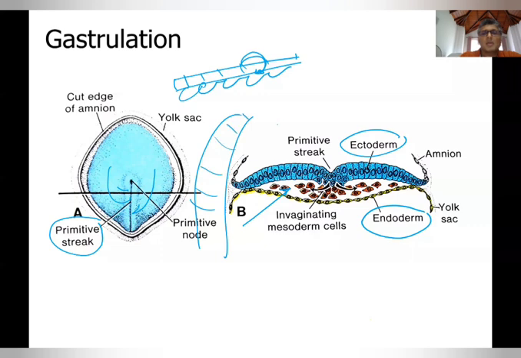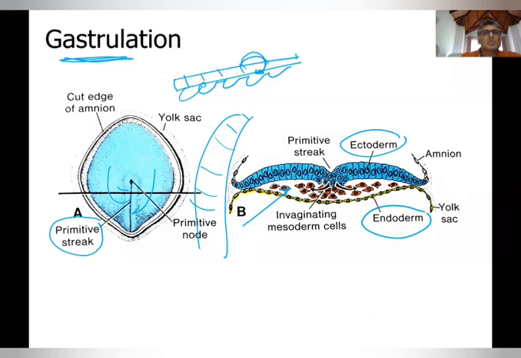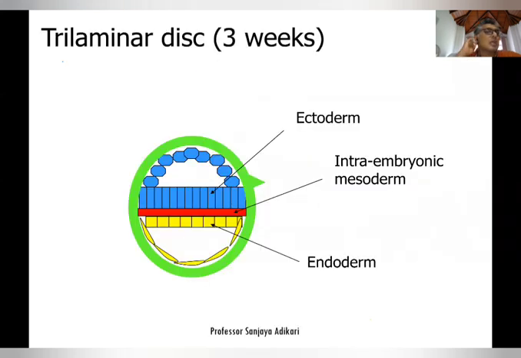That is called gastrulation, though you can forget that term. Formation of 3 germ layers happens at the 3rd week. So you get the ectoderm, mesoderm, and endoderm belonging to the embryo: the 3rd week, trilaminar disc.